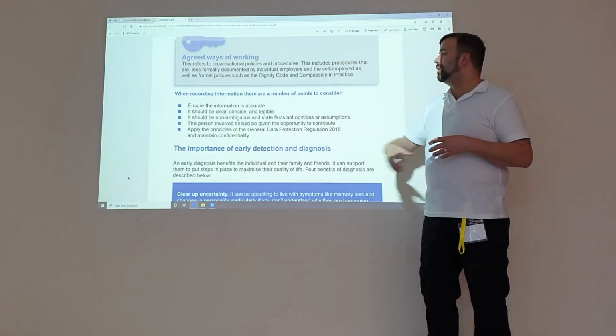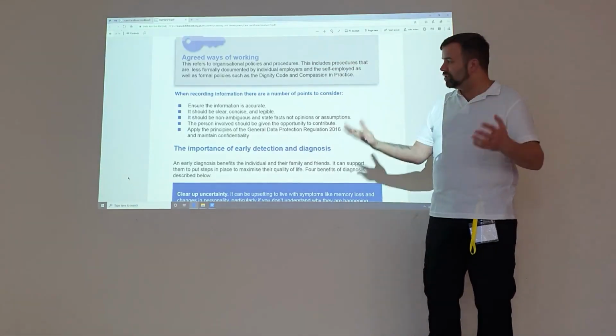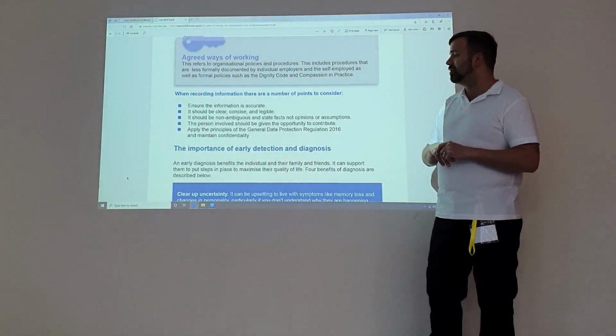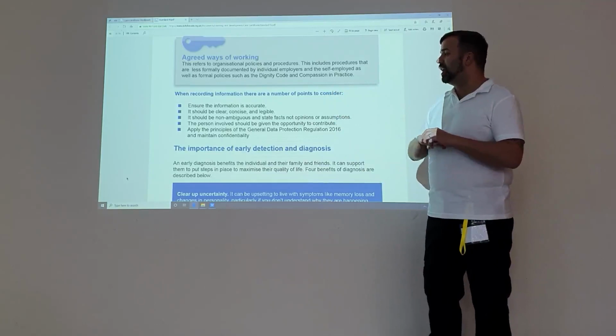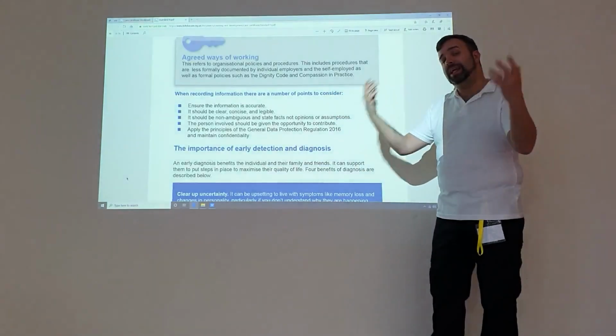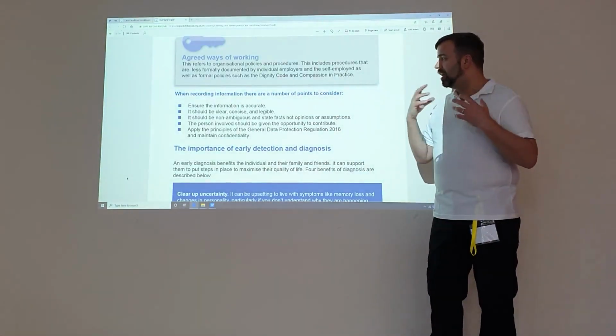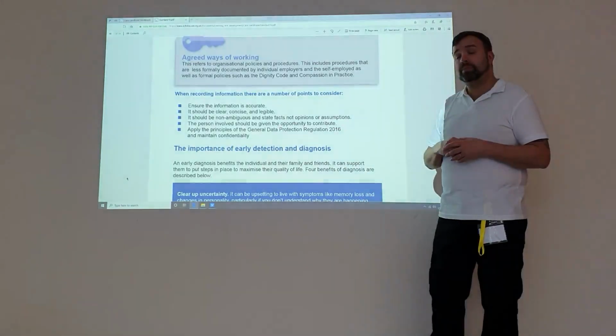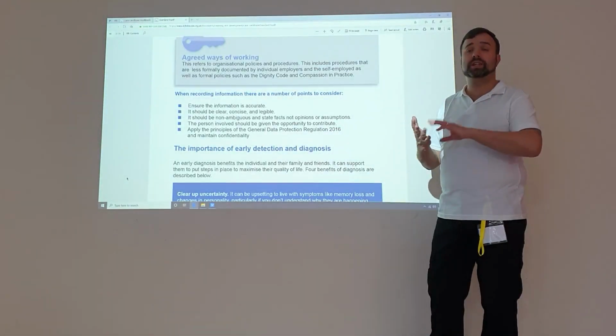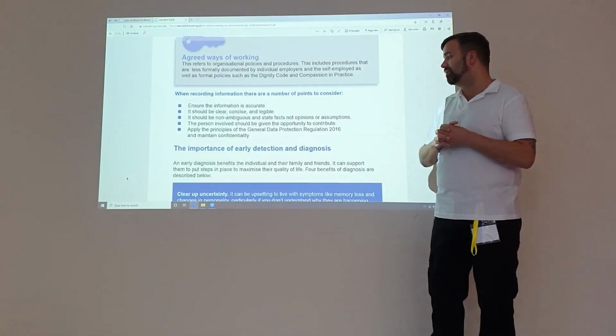But it's about being compassionate in practice, making sure that we're doing everything we can to promote people's rights. We need to work in a way which is non-ambiguous. We need to be clear. We need to be accurate in what we're saying. And again, we need to ensure that we're applying the same principles of choice, capacity, and rights around data protection and GDPR.